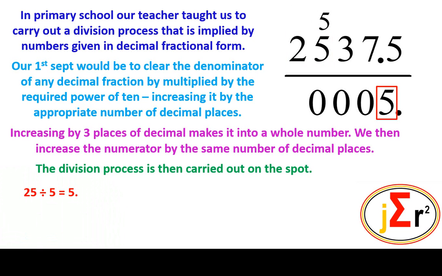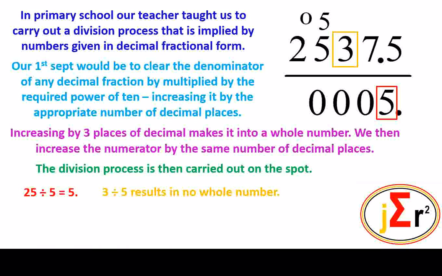Then we go to the next digit. 3 divided by 5 results in no whole number. 0 whole number. The 0 has to take its rightful place there. It's a placeholding 0. If we do not put the 0 there, then it will greatly affect the value of the result.